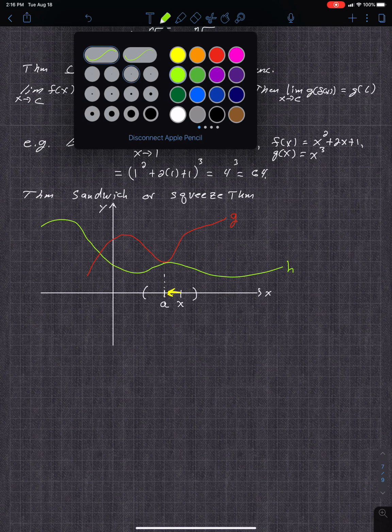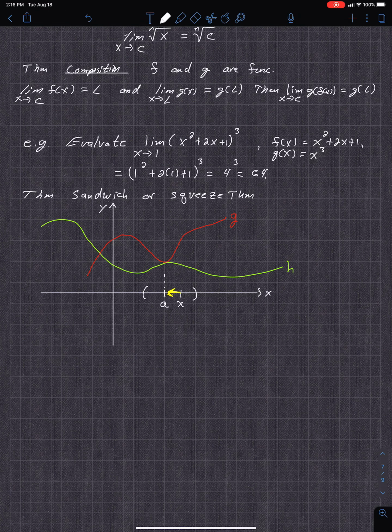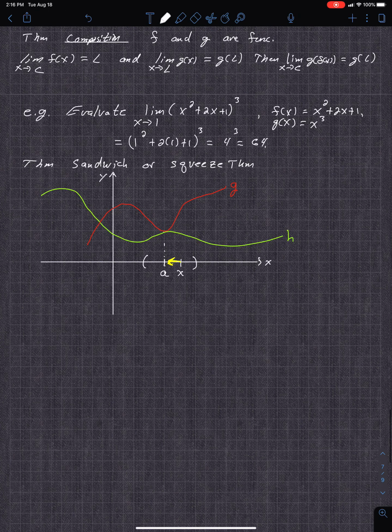Then if you have a function that you can always show is in between g and h within some open interval, then the limiting value is going to be the same. So you're squeezing it between those two functions, g and h. There's your f.